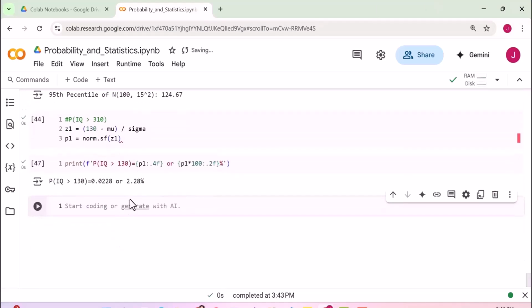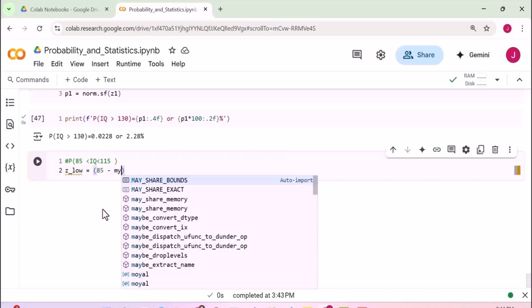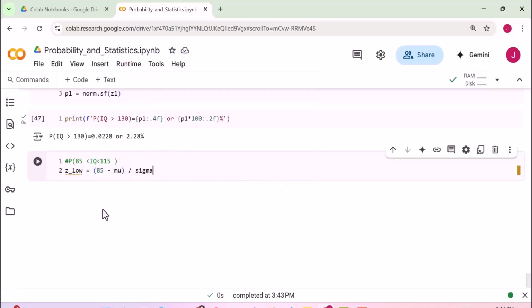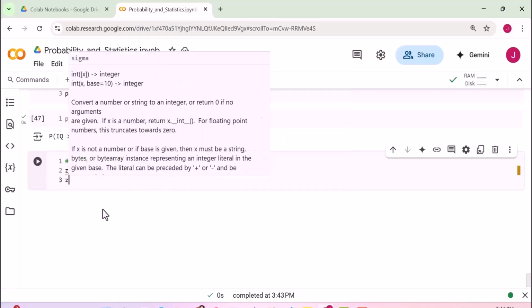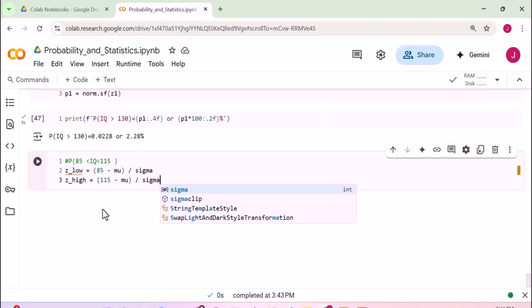Okay, so 2.28%. Find the probability that IQ is between 85 and 115, right? So here we have a lower bound and an upper bound. The lower bound is 85, the upper bound is 115. So z low is equal to 85 minus mu divided by sigma, and z high is equal to 115 minus mu divided by sigma.